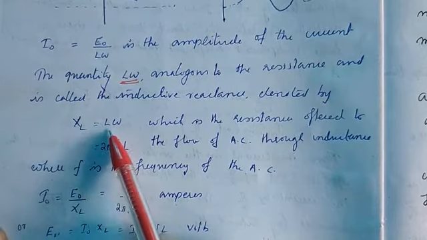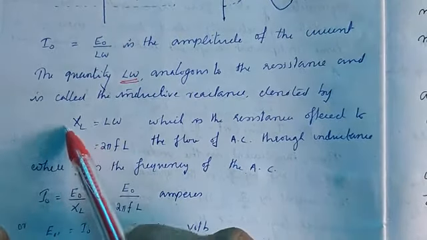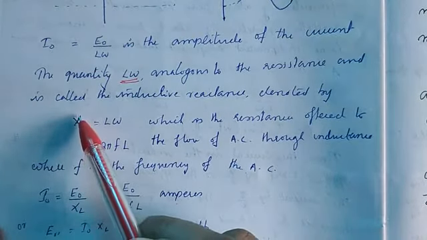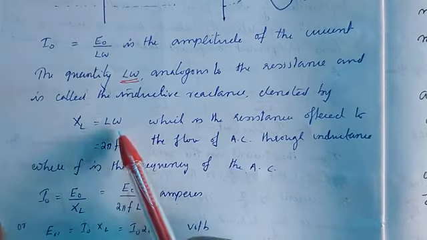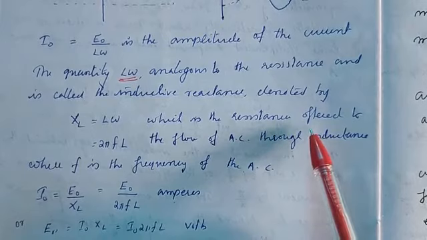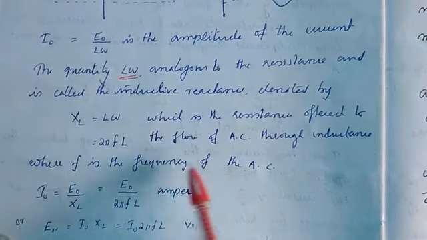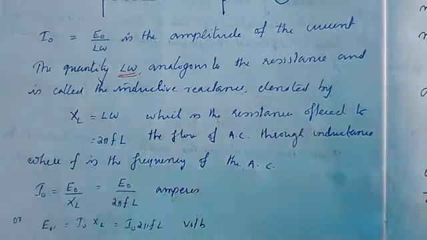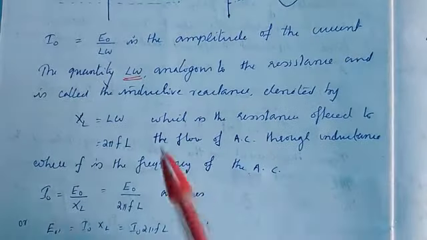So XL is equal to L omega. We represent this inductive reactance by X with suffix L, which is the resistance offered to the flow of AC through the inductance.